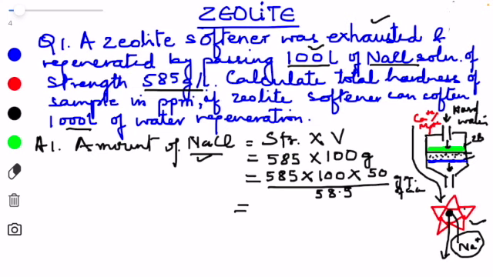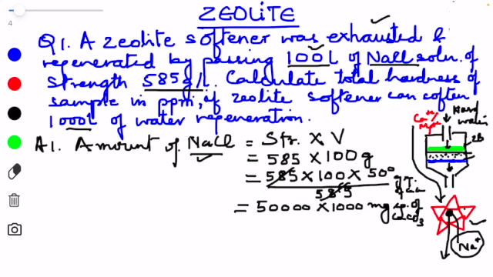Now I'll convert it into milligrams. These two get cancelled, and I get 5 with 4 zeros, multiplied by 1000 because I want to convert it into milligram equivalence. It was earlier gram equivalence of calcium carbonate.